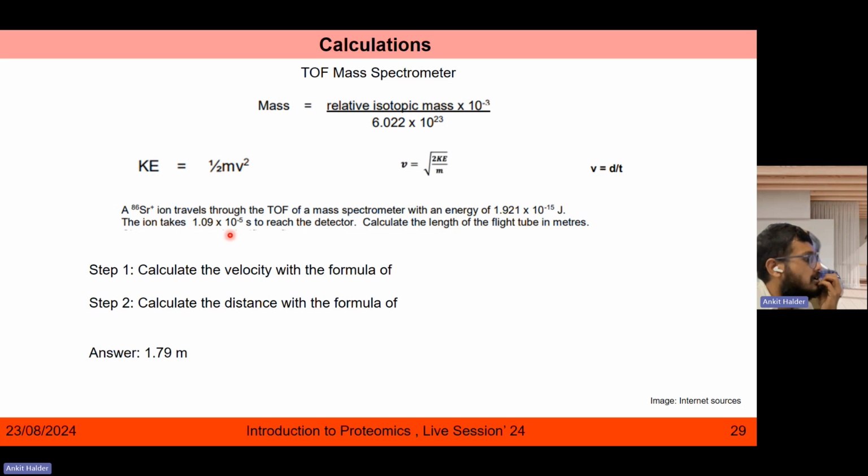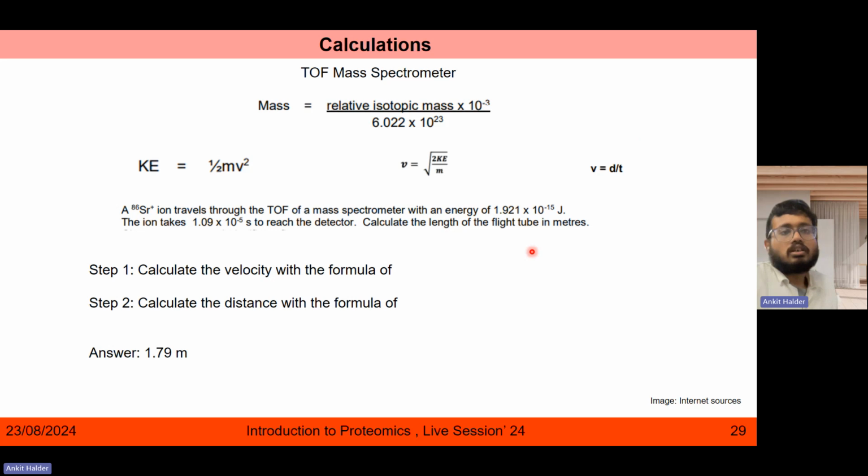It takes 1.09 into 10 to the power minus 5 seconds to reach the detector, so the time is also given. Here, with the kinetic energy, you calculate the length of the flight tube in meters. You will calculate the velocity, and once the velocity is calculated, you will substitute in the formula, distance by time, and the time is given. So the length of the flight tube in meters can be easily calculated.